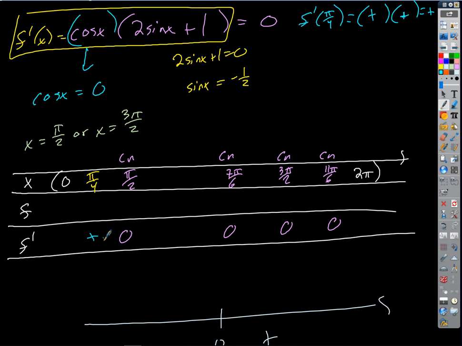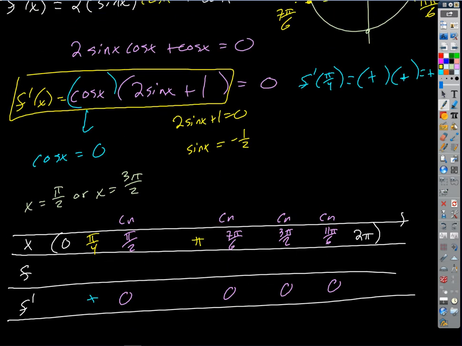So now where's the next test point that we probably want to choose? Where's it going to be? Between pi over 2 and 7/6 pi. So what would be a pretty easy one there? Pi. Yeah, let's pick pi. Right, so if we pick pi, we're going to go up here and evaluate that. What is f prime of pi?